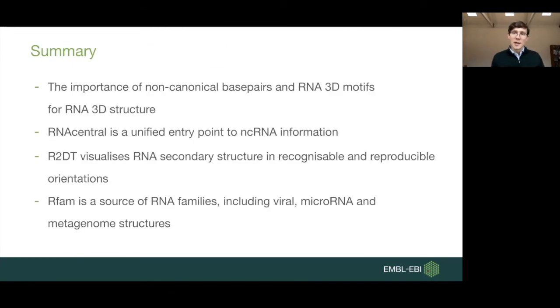So to summarize, I want to say that we talked about lots of different things, starting with non-canonical base pairs in the 3D structure, moving on to RNAcentral and all the tools that it has to provide the sequence information for non-coding RNAs. We talked about visualizing RNA secondary structure using this new tool called R2DT. And we also talked about RFam, a database of non-coding RNA families, and how it expanded in several important ways to represent viral microRNAs and metagenome RNAs.